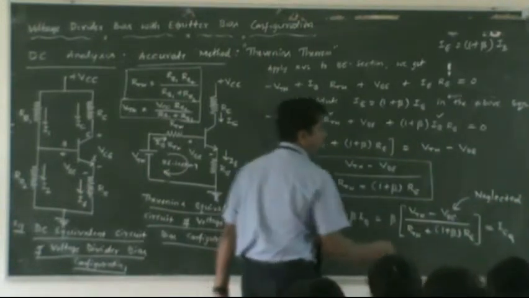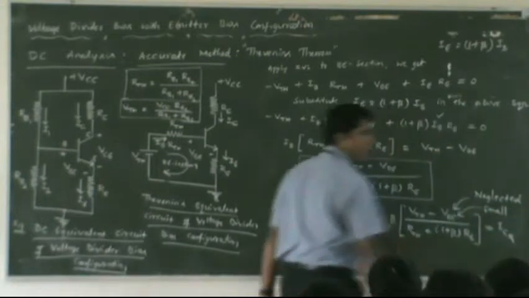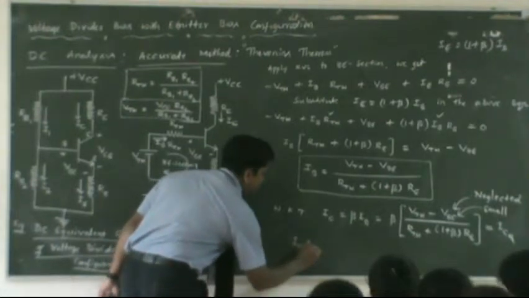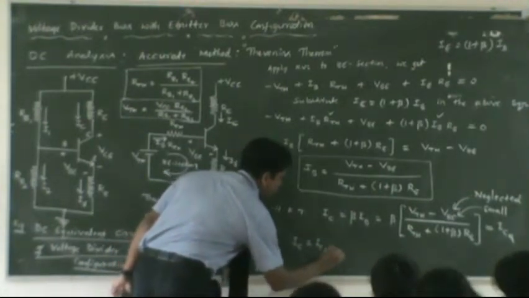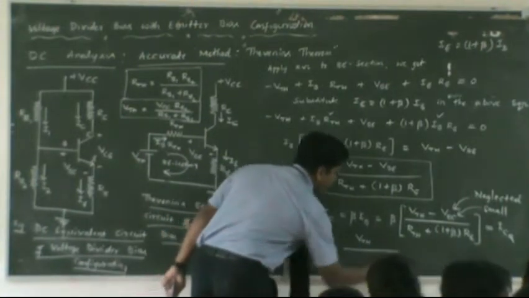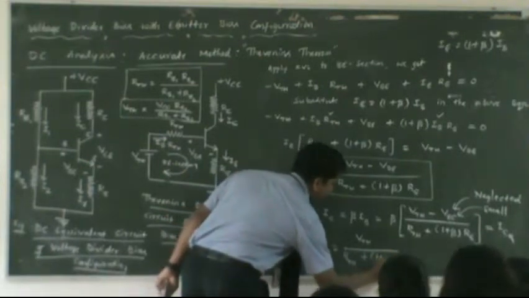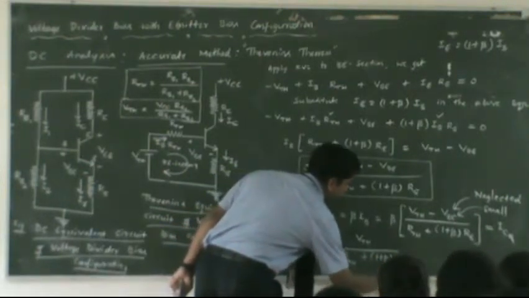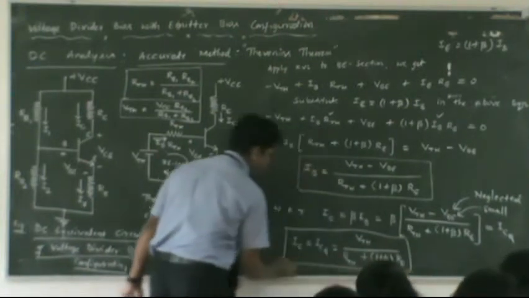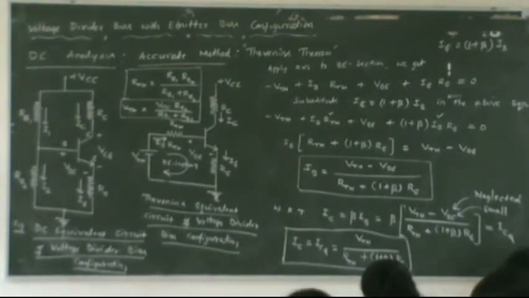The resulting equation for IC, which is ICQ, has VThevenin in the numerator, and in the denominator RThevenin plus 1 plus beta times RE. This is the final and simplified equation for ICQ.